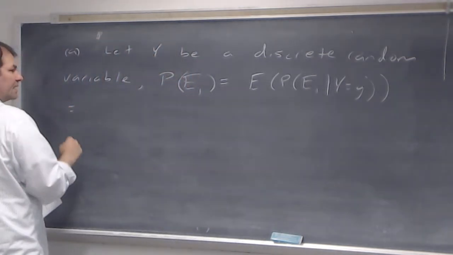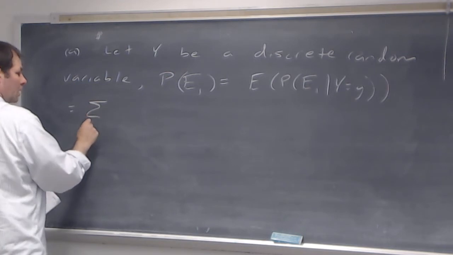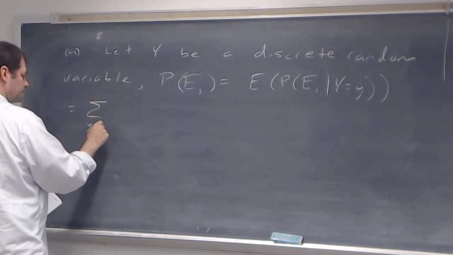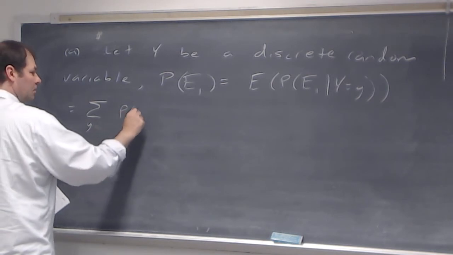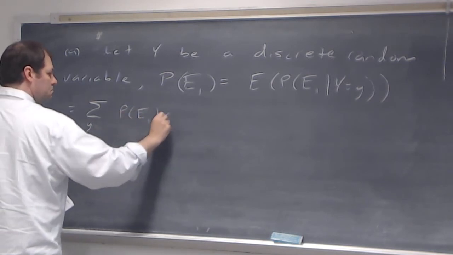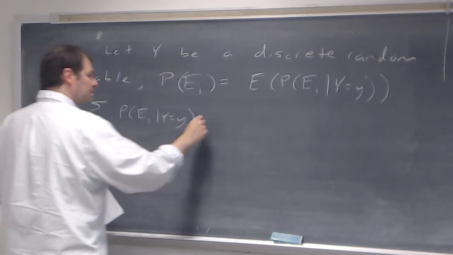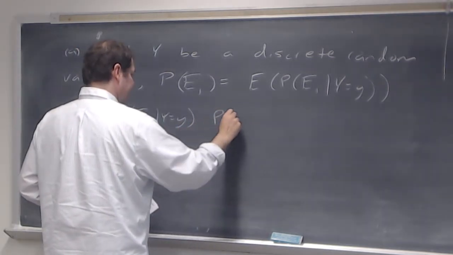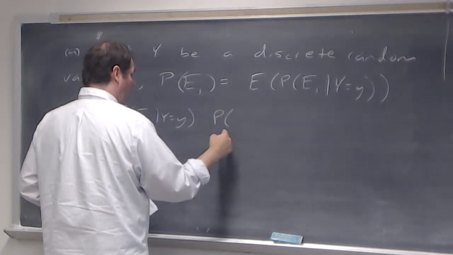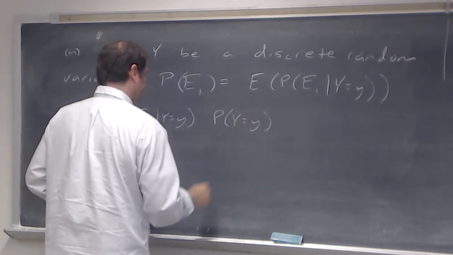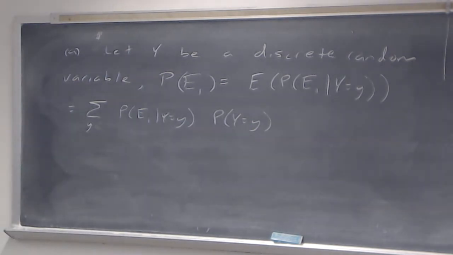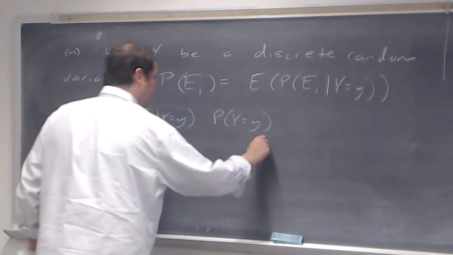And that's going to be equal to a sum over all y values of this random variable times the probability, so this would be f sub Y, the PMF of Y, f sub Y is equal to y. And that's exactly what we said it should be. So that ends part A.